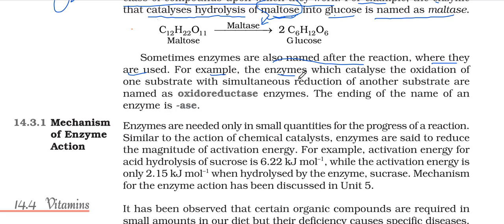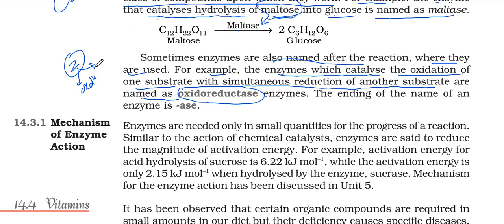For example, the enzymes which catalyze the oxidation of one substrate with simultaneous reduction of another substrate are named as ऑक्सीडोरिडक्टेज एंजाइम. नेम्स तो दो तरीके रहता है. एक तो माल्टोज को हाइड्रोलिसिस करने वाला वो माल्टेज था. कुछ ऐसा भी रख सकते बेस्ड ऑन द रिएक्शन. एक एंजाइम है XZ एंजाइम, that XZ enzyme is doing oxidation as well as reduction. Okay, so oxidoreductase. सर ये एज क्यों आ गया?